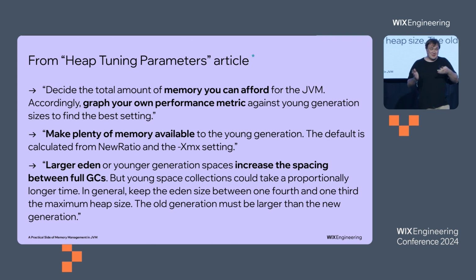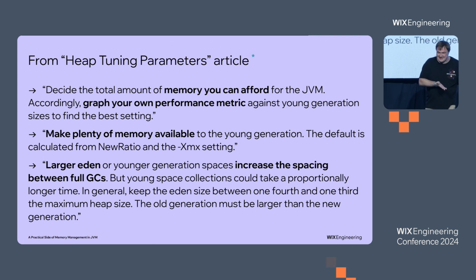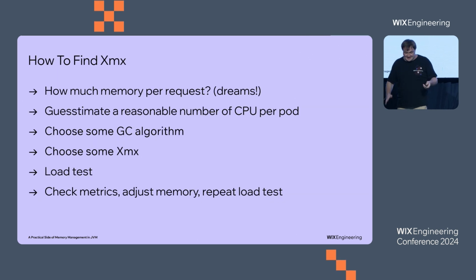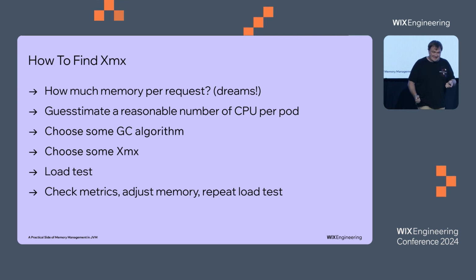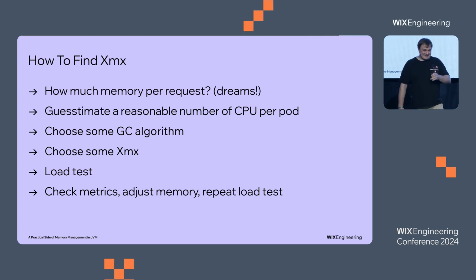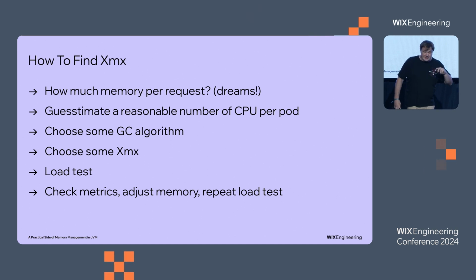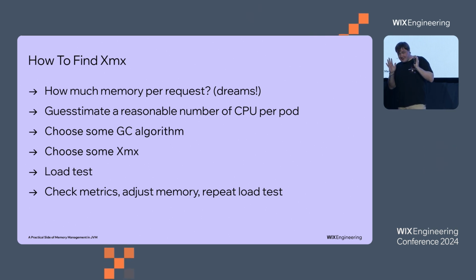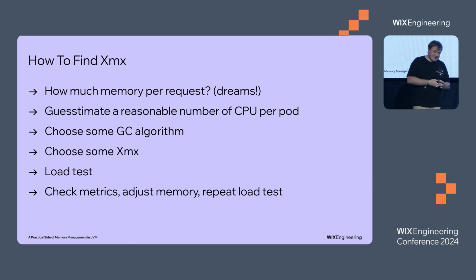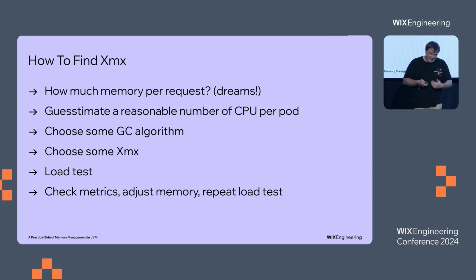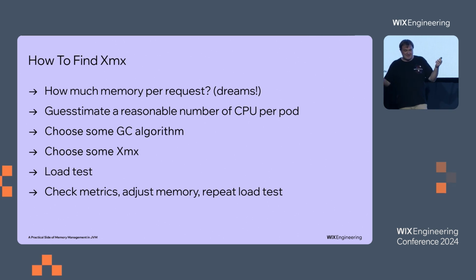And also, you need to monitor performance metrics to know if it's good enough or not. So let's come up with something more concrete. But I must warn you that it won't be as concrete as we all actually want it to be. The way to find the optimal Xmx for your application is to do load tests, which is cumbersome, of course, but what can you do?